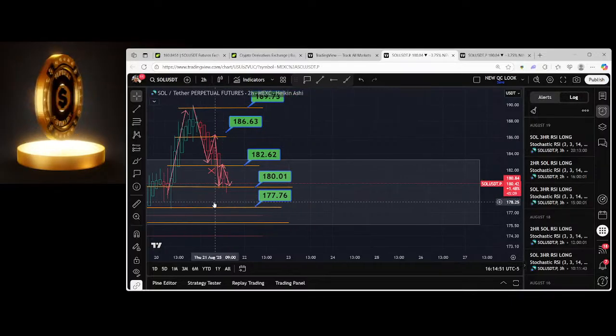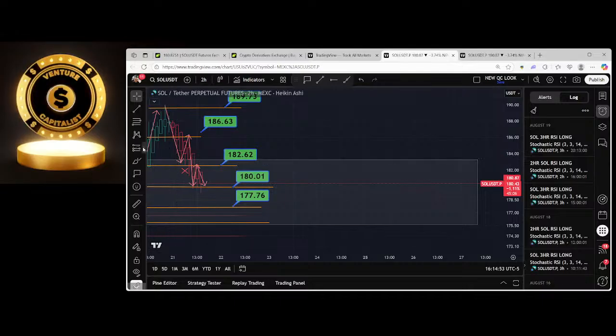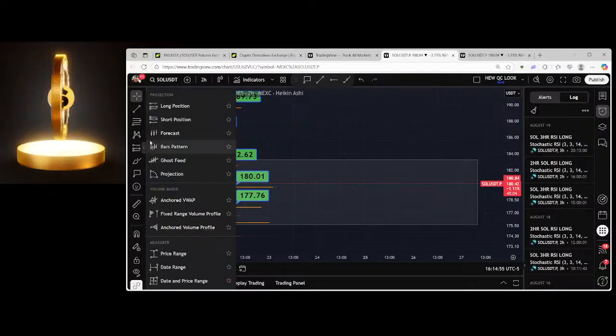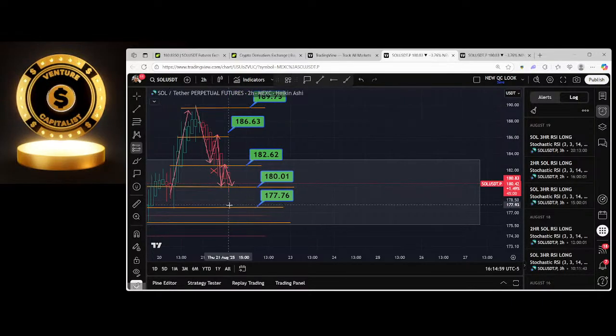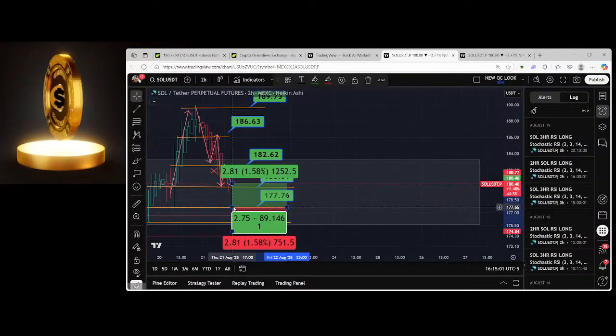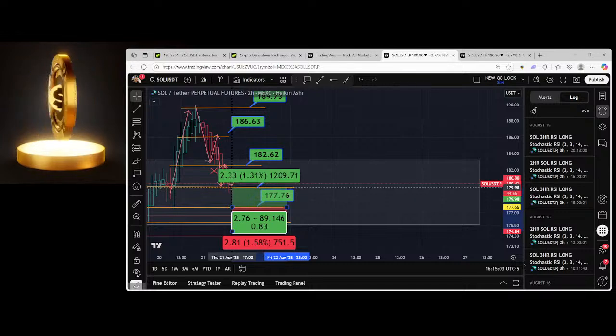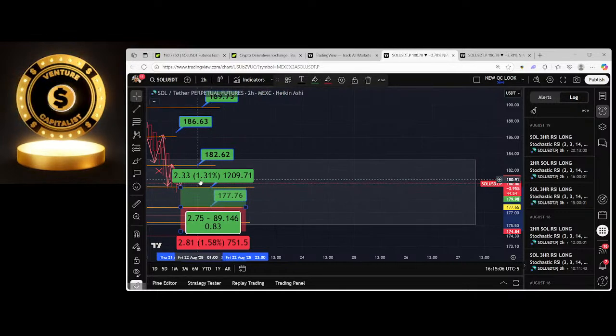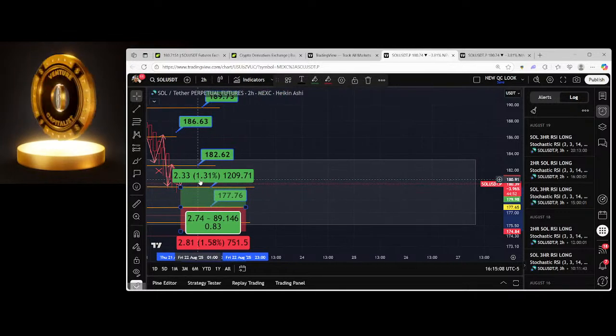But just to limit risk, you go over here to your tool, click on the side here on the left, get your long position, and measure from that 177 to the current entered position. So you have a 1.30, right?